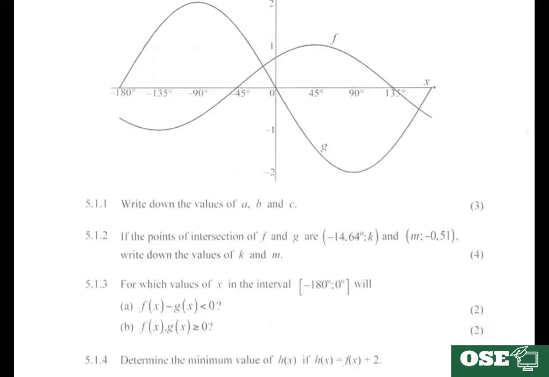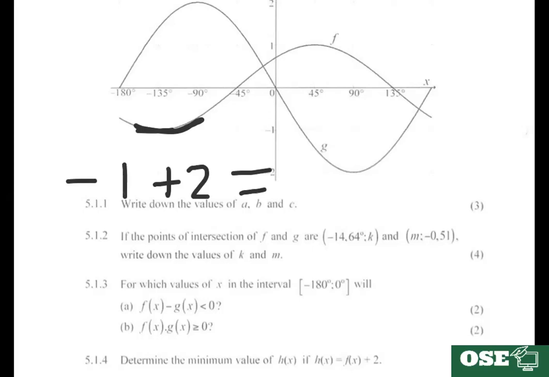So look at f of x. What is the minimum value for f of x right now? Anyone who feels like answering can answer. It's -1. And then if we shift it plus 2, our new minimum value is 1.